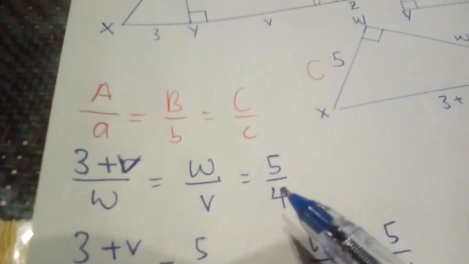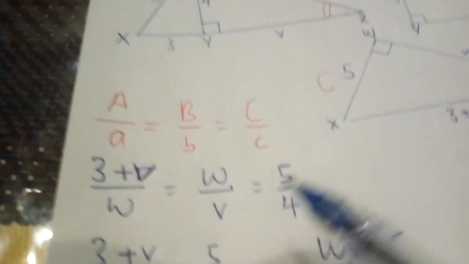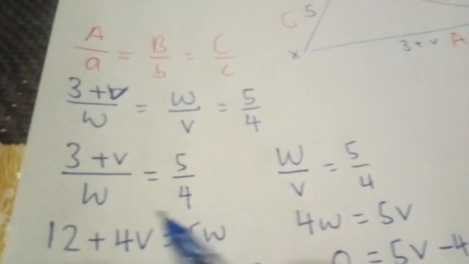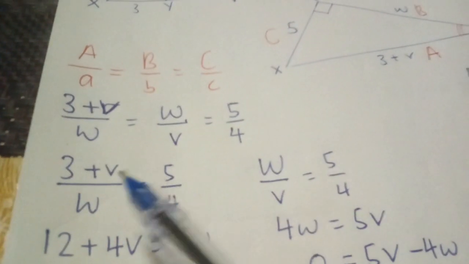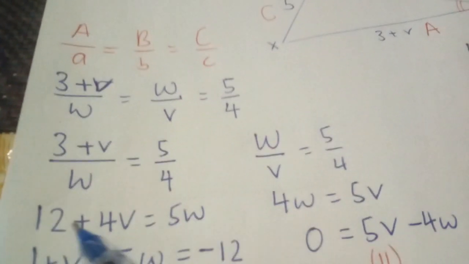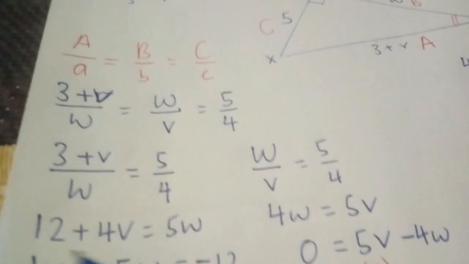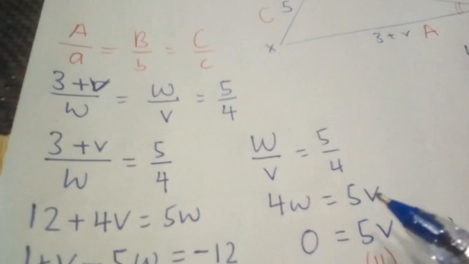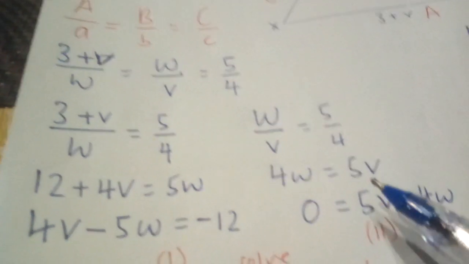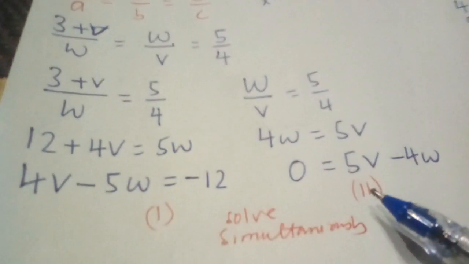We shall take this pair, this ratio with this ratio, and again, this ratio with that ratio. And we shall have two separate statements. We shall cross multiply this one and we get this statement. Again, we shall cross multiply here and we get that side. You do realize in this side we have both V and W, and here we have W and V. Now, it means we have two equations, equation 1 and equation 2.